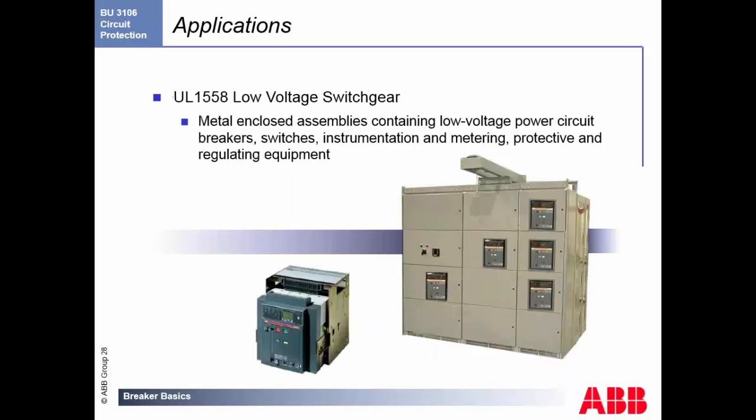UL 1558 low voltage switchgear is another UL standard. It contains low voltage powered circuit breakers, switches, instrumentation, and metering, which means that you can see how much voltage is going in, you can see how much current is being used. And I know out here in California where I'm based, it's going to be a huge thing as we get into LEED points, Title 24, California Title 24, and eventually the Net Zero Initiative, which will be taking place in 2016.